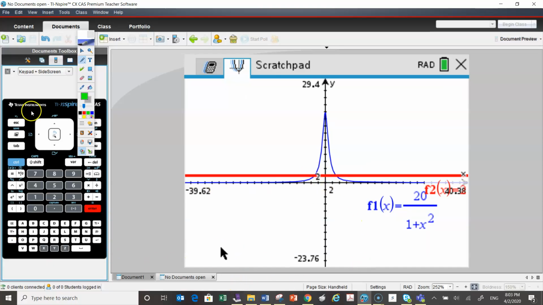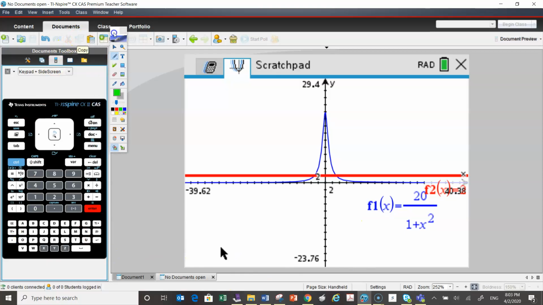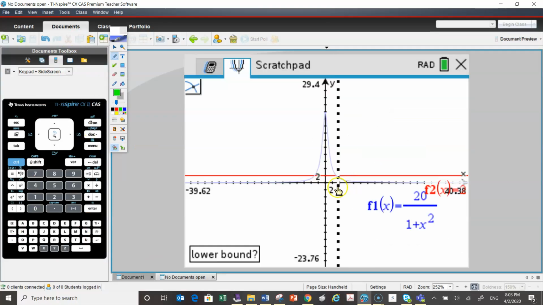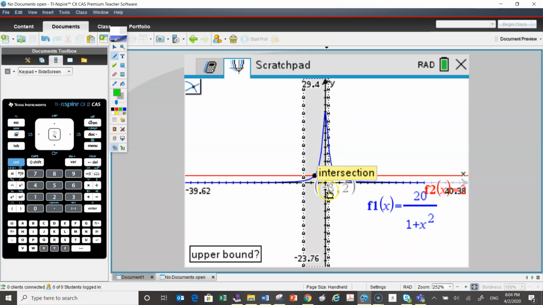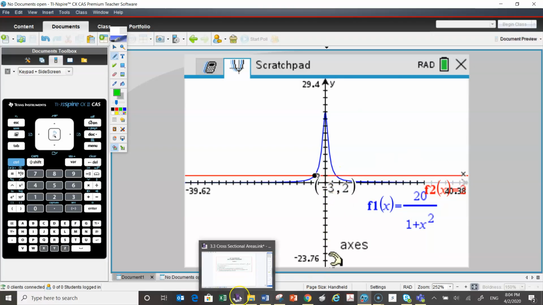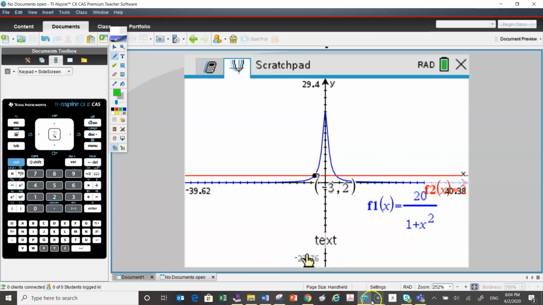So again, I think these work out to be whole numbers, but let's just verify that. So menu, analyze graph, we want an intersection point, left, right, and that one is -3, and then that one's going to be +3. So now I know what my limits are. My limits are -3 to +3 if I'm dealing in the x direction.